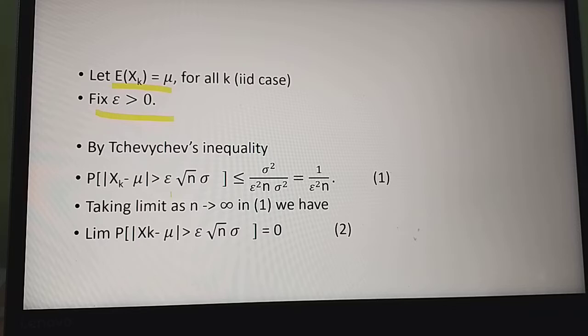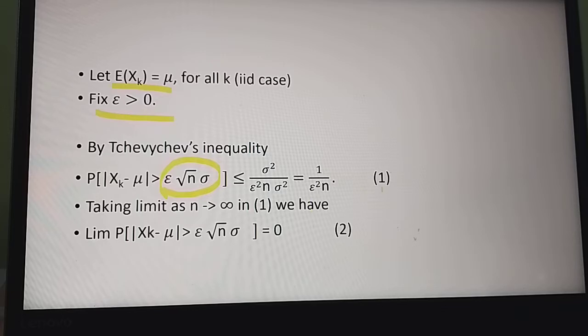So now the epsilon is this whole thing: epsilon root n sigma is the epsilon here. Therefore this is less than or equal to the variance of Xk, that is sigma square, by epsilon square n sigma square. If you cancel sigma square from the numerator and denominator, the remaining is 1 by n epsilon square.